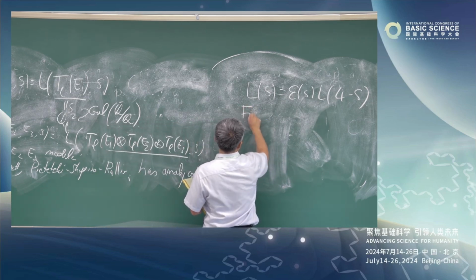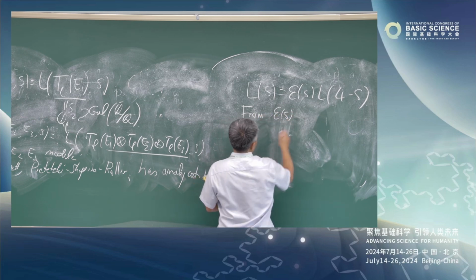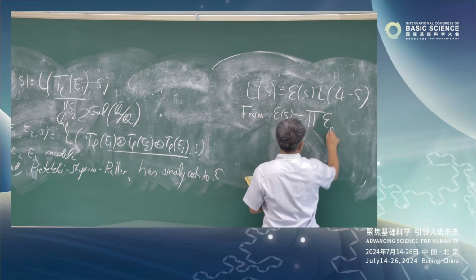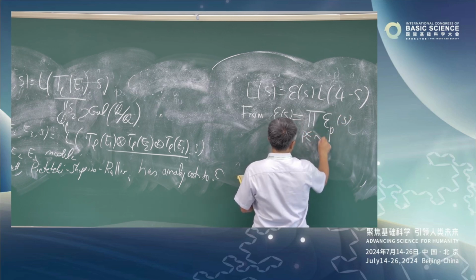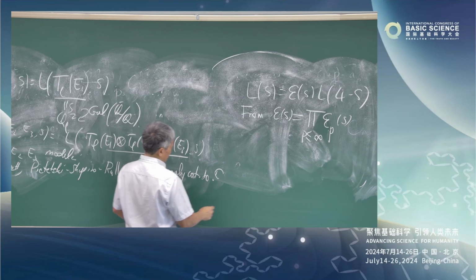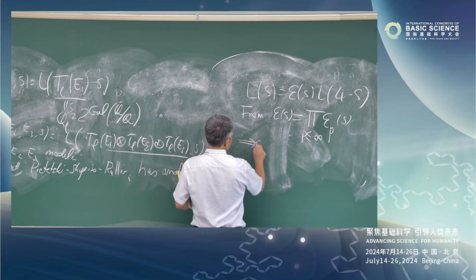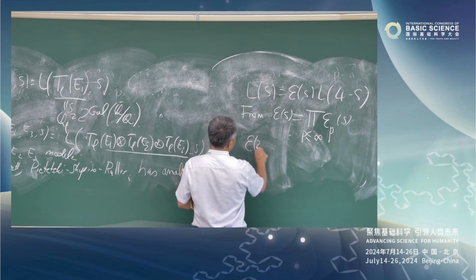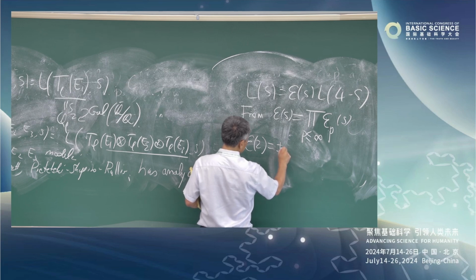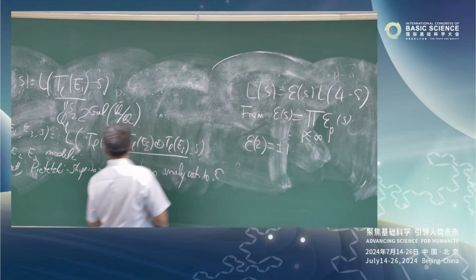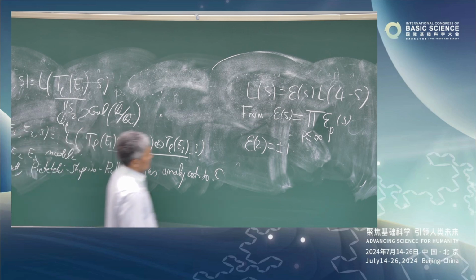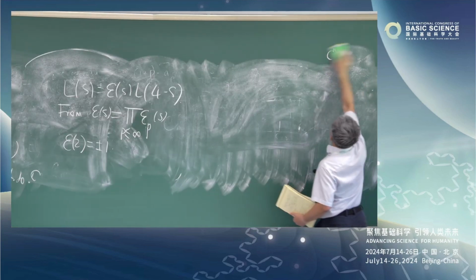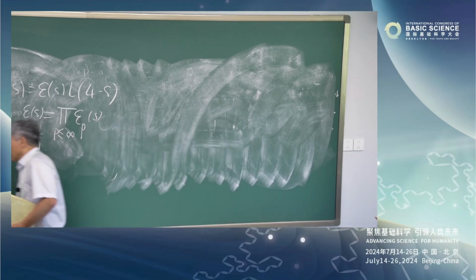From this you get the epsilon factor, the product of epsilon P of S, including the one at infinity. From this you will get a quaternion algebra, which I will not try to describe. So epsilon equals plus or minus 1. That's the basics of the conjecture, and it is really a conjecture.